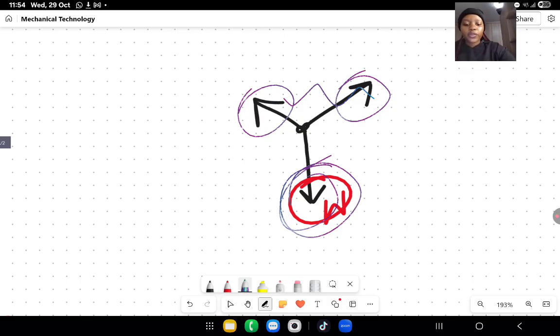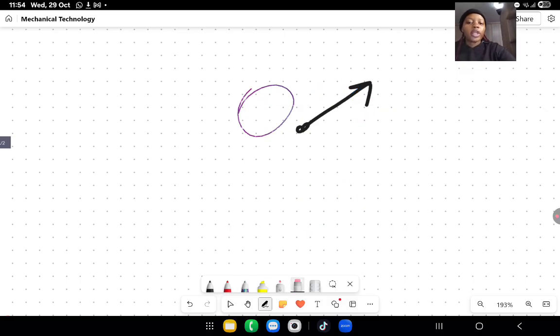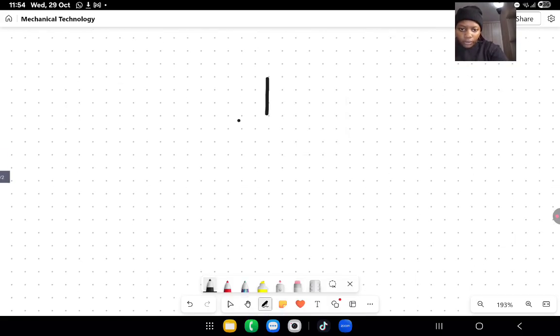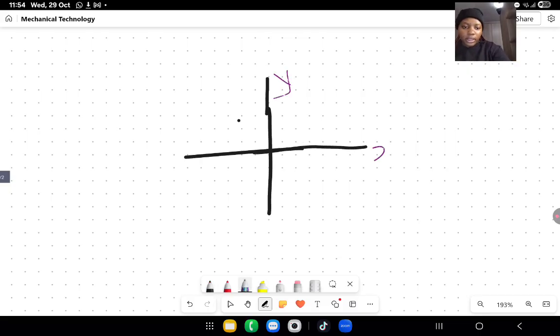We also have conditions of equilibrium. The conditions of equilibrium are horizontal components and vertical components. If you know your Cartesian plane very well, let me draw. You have a Cartesian plane here. This is your y values, this is your x values.